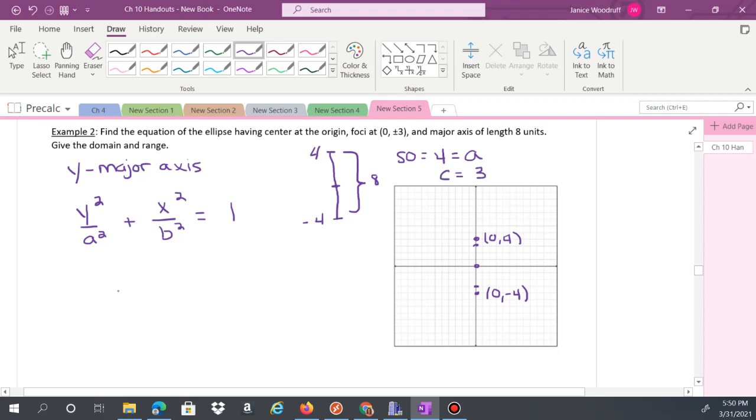So we can use C squared equals A squared minus B squared to give us our B value, and then we can write our equation. So C squared is 3 squared, so it's going to be 9. A is 4, so A squared will be 16.